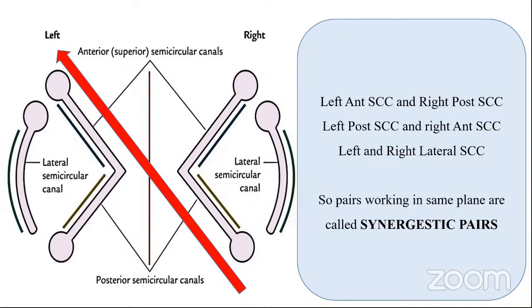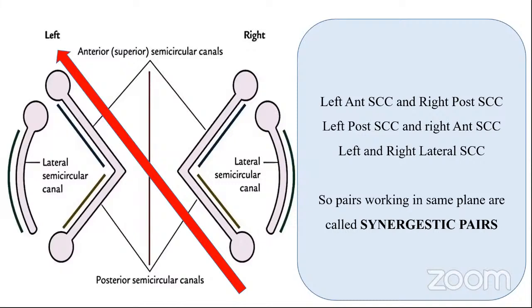So left anterior semicircular canal and right posterior semicircular canal are called synergistic pairs. Pairs working in the same plane are called synergistic pairs.